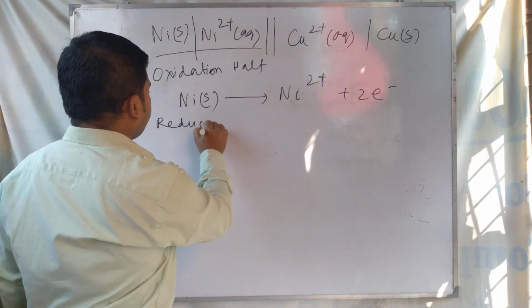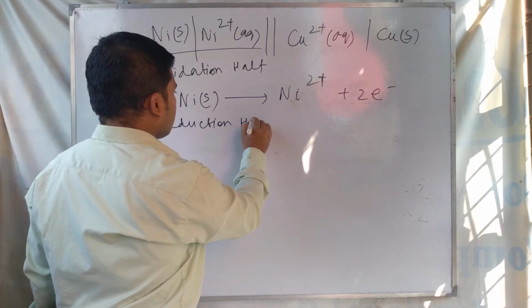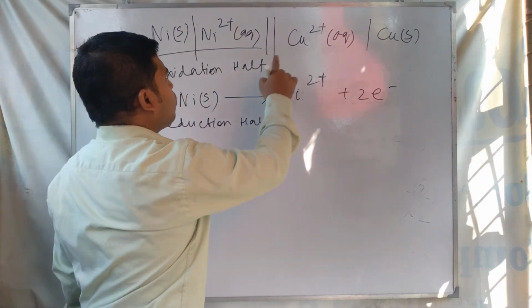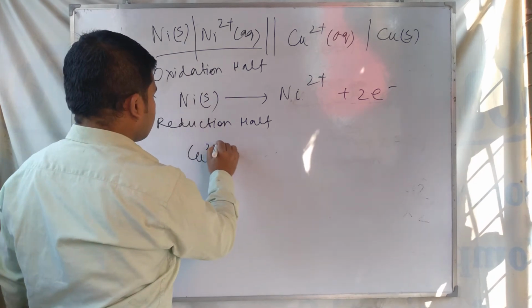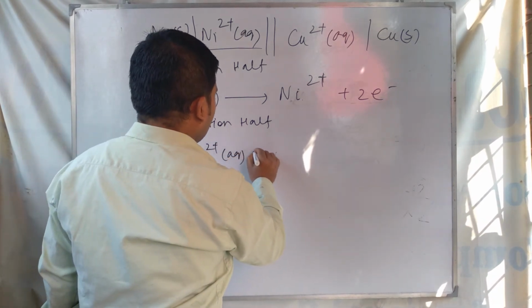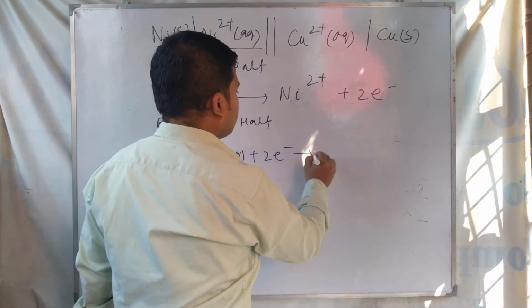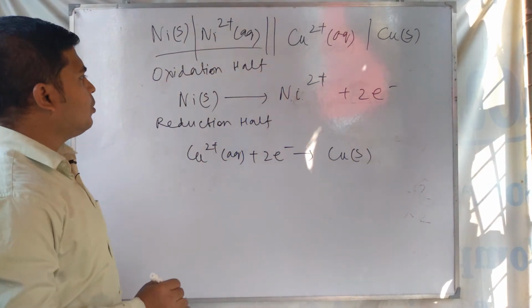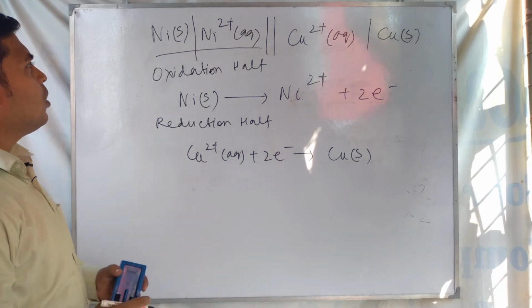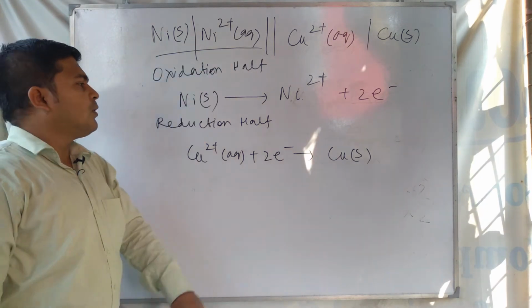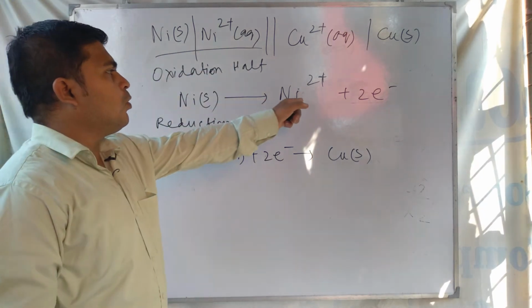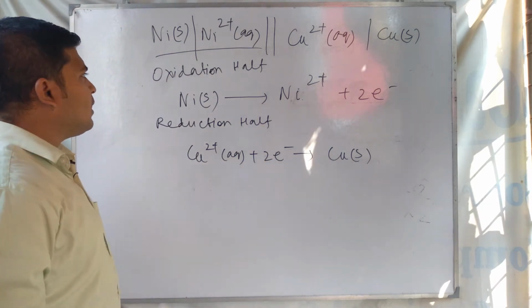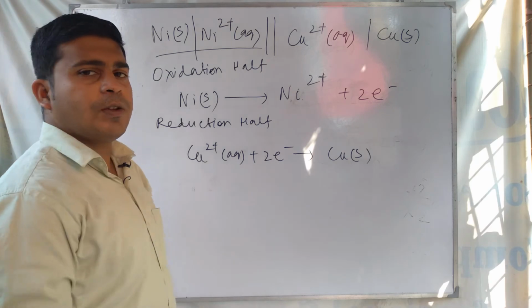And in the reduction half reaction, copper 2+ by receiving 2 electrons is changing into copper solid. So these two are the half cell reactions for this galvanic cell: nickel to nickel 2+, copper 2+ to copper.